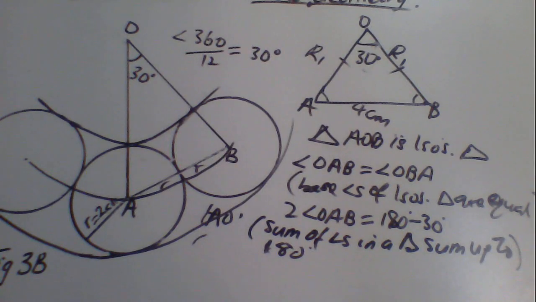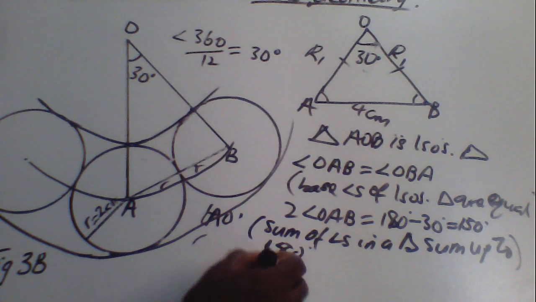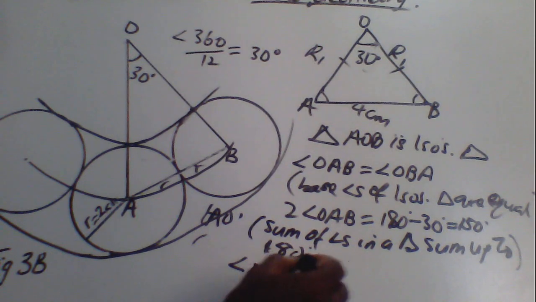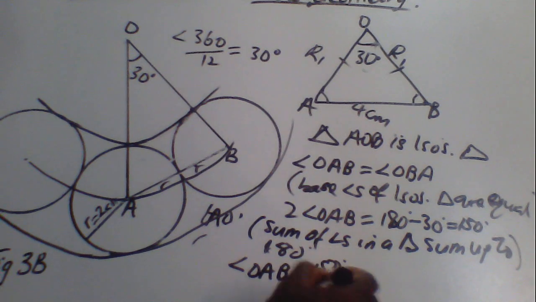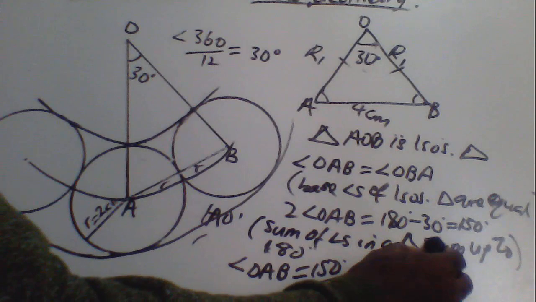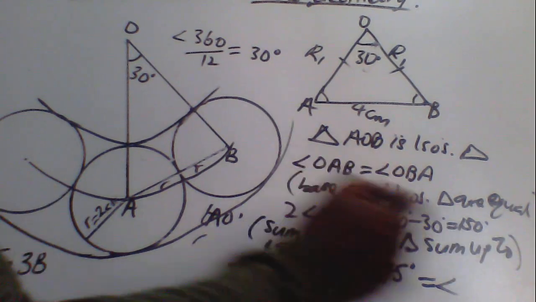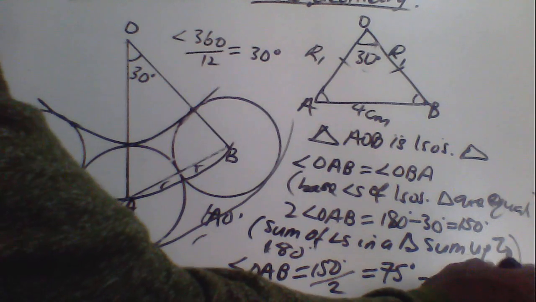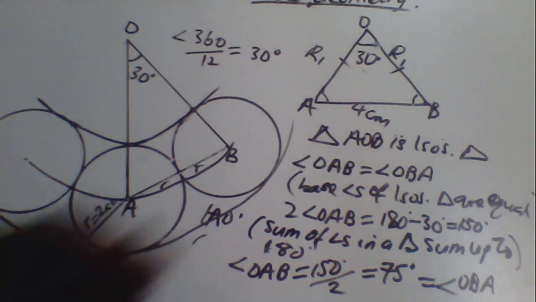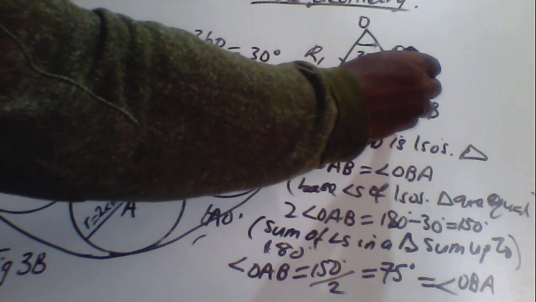So this gives us 150 degrees, so angle OAB is equal to 150 degrees divided by 2. We find it to be 75 degrees, and this is also equal to angle OBA. So this angle is 75 degrees, and this angle is also 75 degrees.